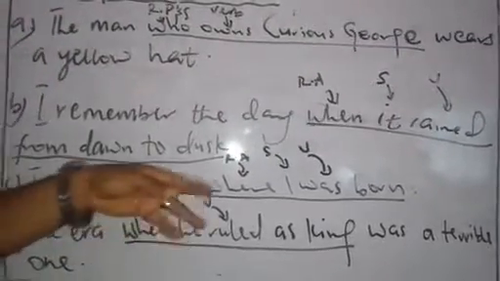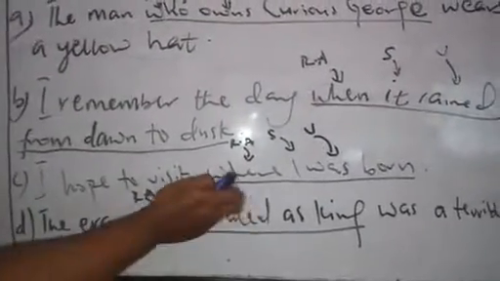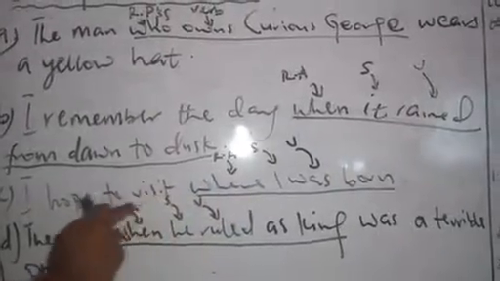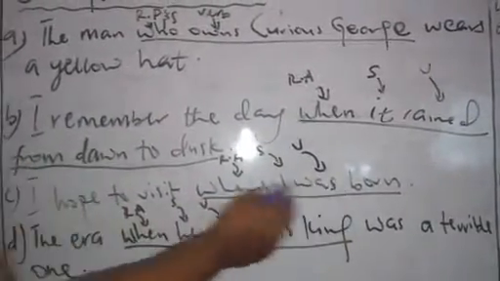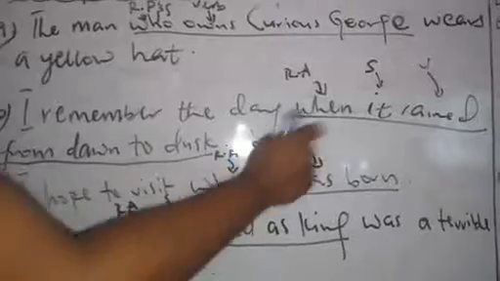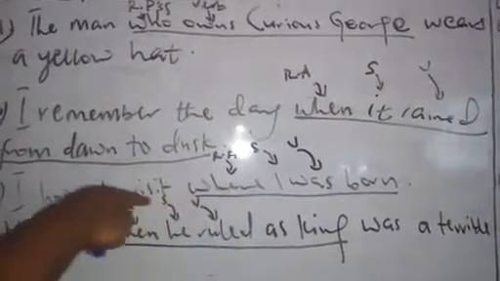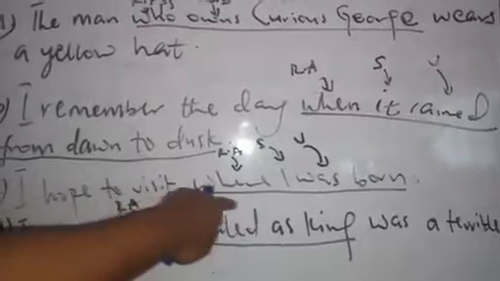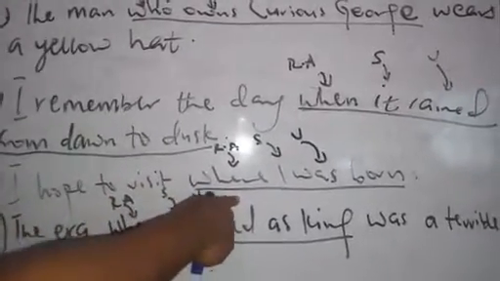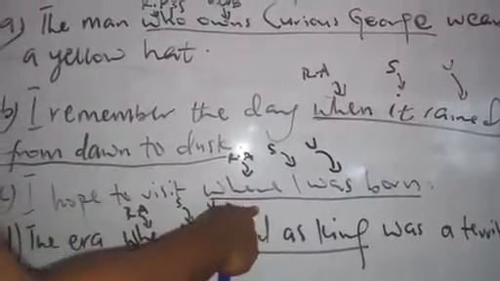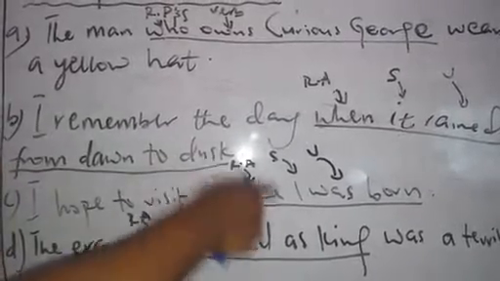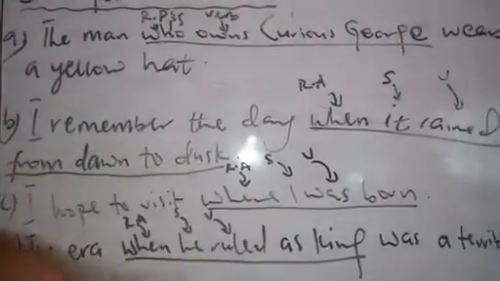I hope to visit where I was born. So this is what? An adverbial clause. Although it has the subject and the verb like every other clause, because it follows after a verb, it is an adverbial clause.